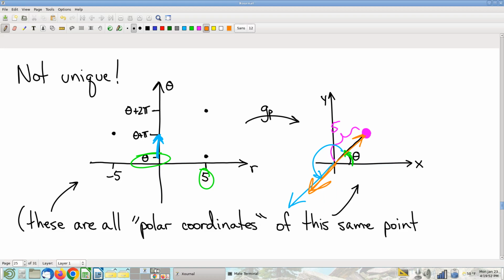I need to go negative of the amount 5. And so let's make r equal to negative 5. And again, that gets you to that same point. So negative 5, theta plus pi, is also perfectly acceptable polar coordinates for that point. Everybody with me?